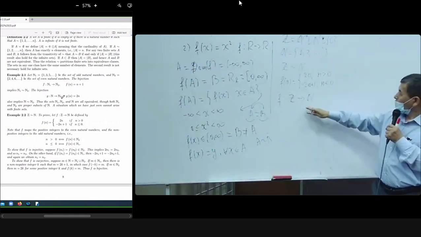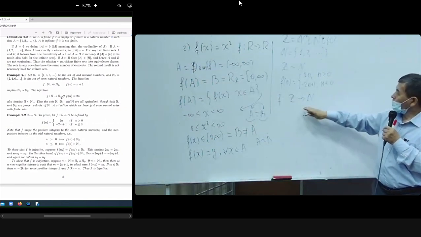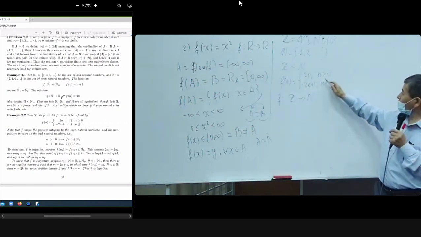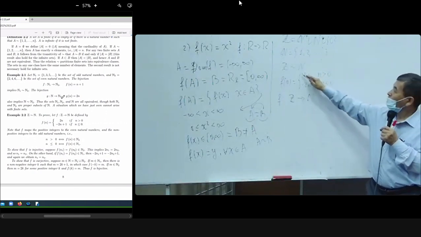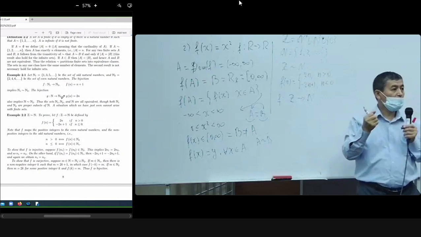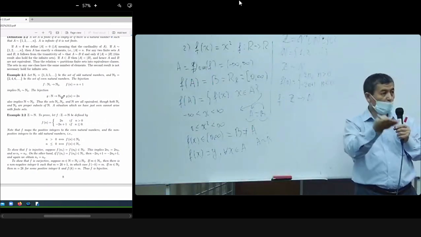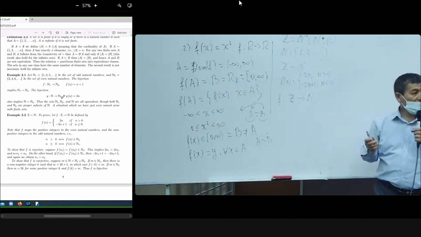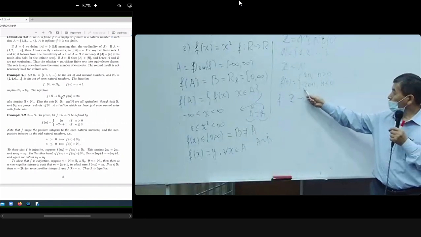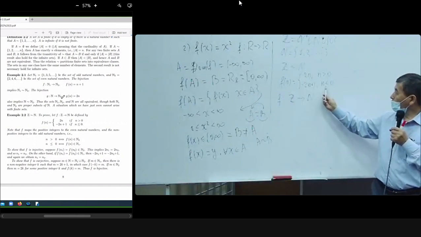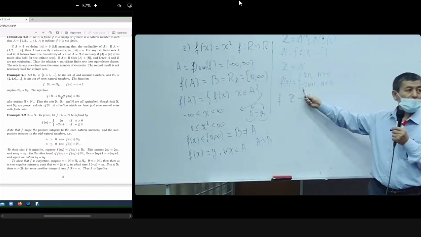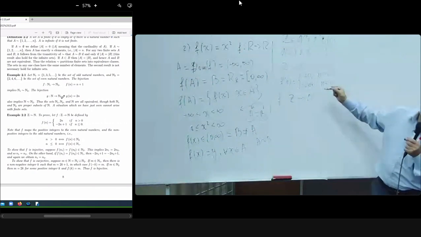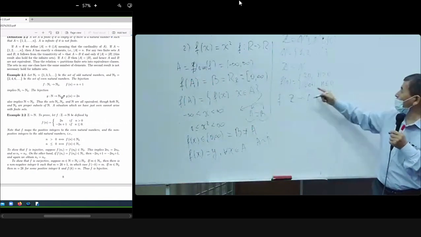You see, n can be positive, can be negative. When n is positive, 1, 2, 3, we will get all the even numbers, 2, 4, 6, and so on. When n is negative or zero: when n equals 0, it is 1.